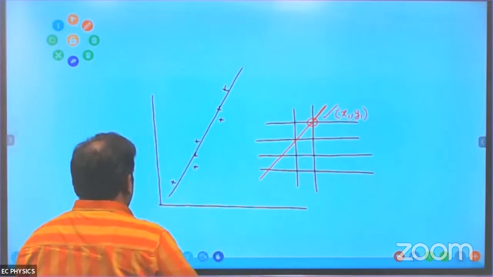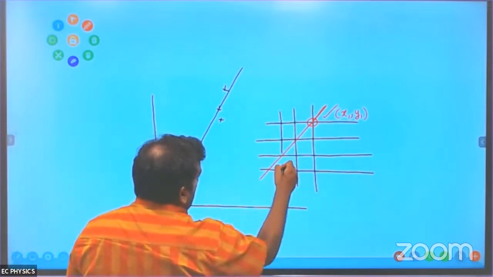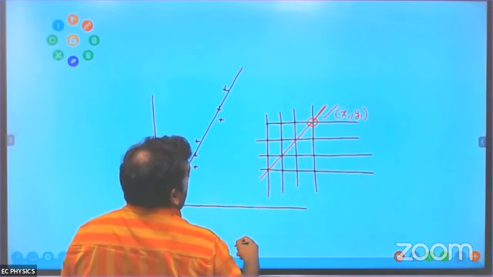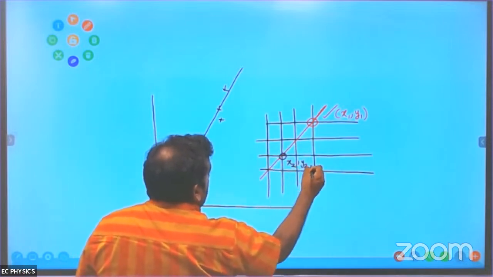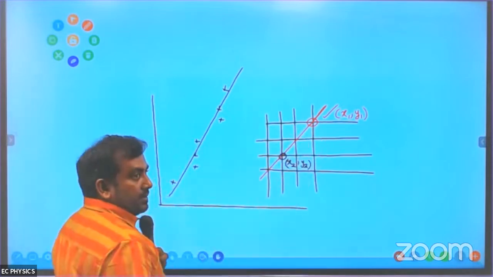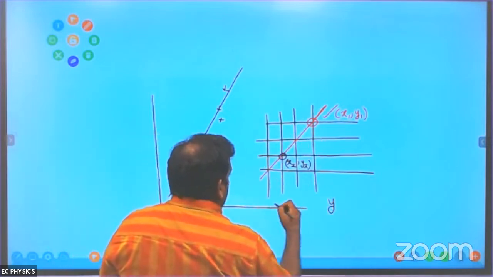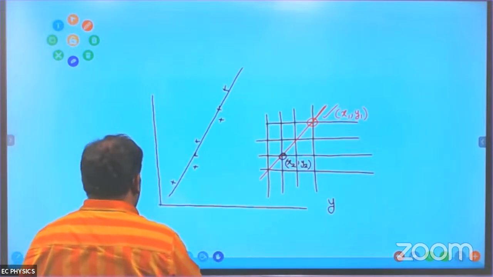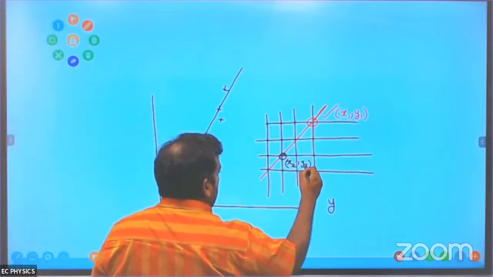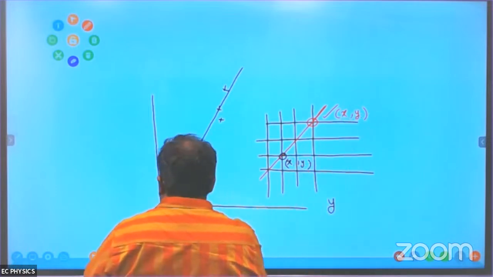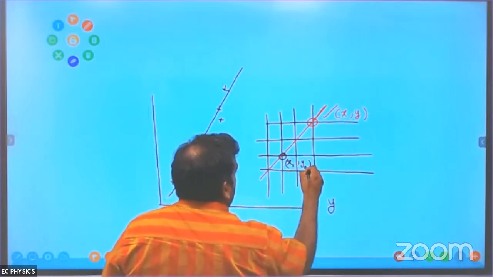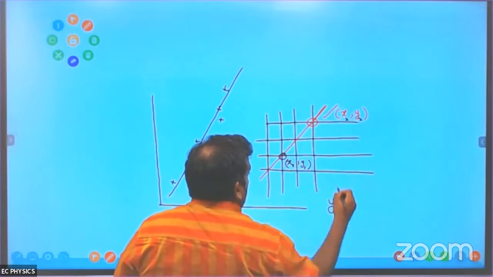Same way, another point that exactly cuts the grid line. Now this can be taken: X2, Y2. These should be far away. So you can say X1, Y1, X2, Y2.